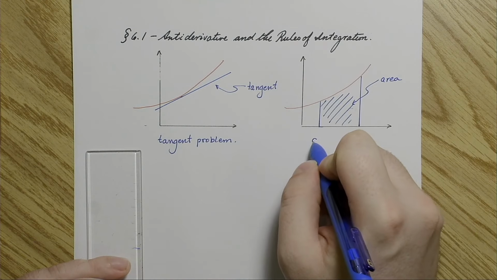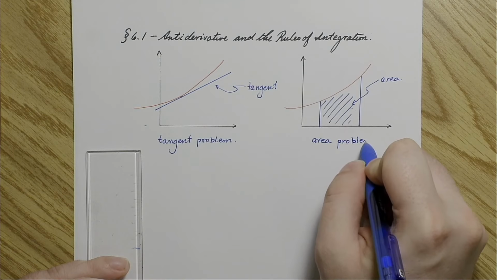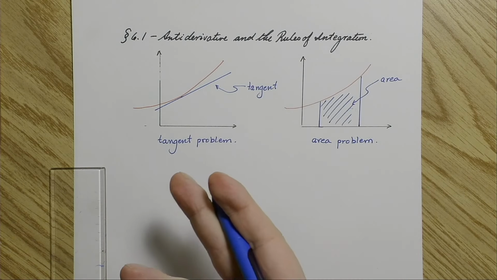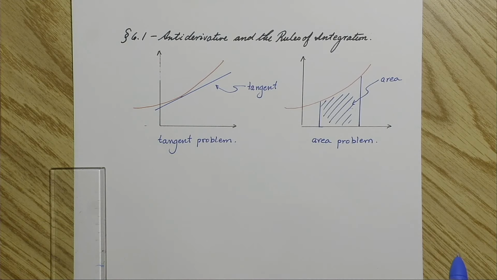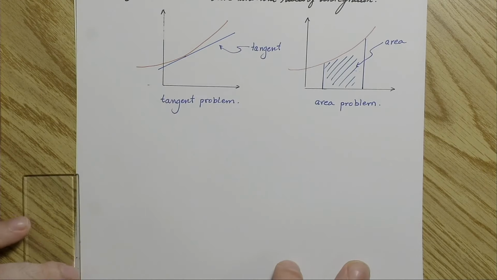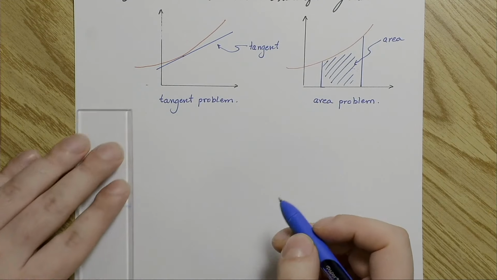That becomes what we'll call the area problem. And surprisingly enough, these two problems are connected, and we're going to have a look at what that relationship is. So I'm going to define the idea of what this area problem is.